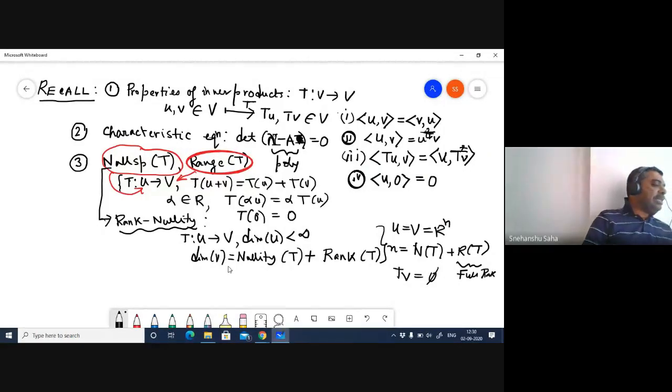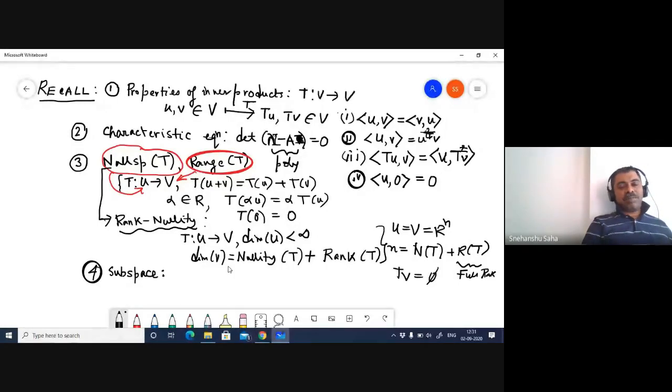We just mentioned this. As I said, I'm still not going to talk about how we prove this theorem. The next thing is that we need to recall subspaces, since I said that the null space of T is a subspace of U, and the range of T is a subspace of V. So what exactly is a subspace?